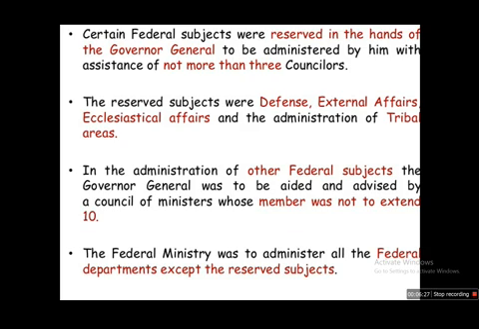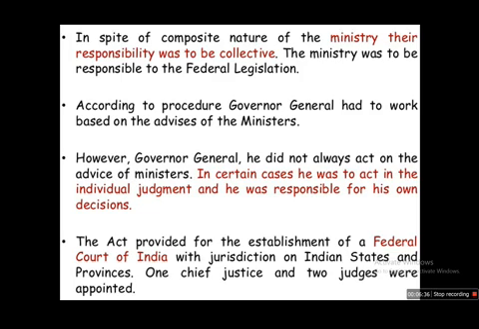The federal ministry was to administer all the federal departments except the reserved subjects. In spite of the composite nature of the ministry, their responsibility was to be collective. The ministry was to be responsible to the federal legislature.